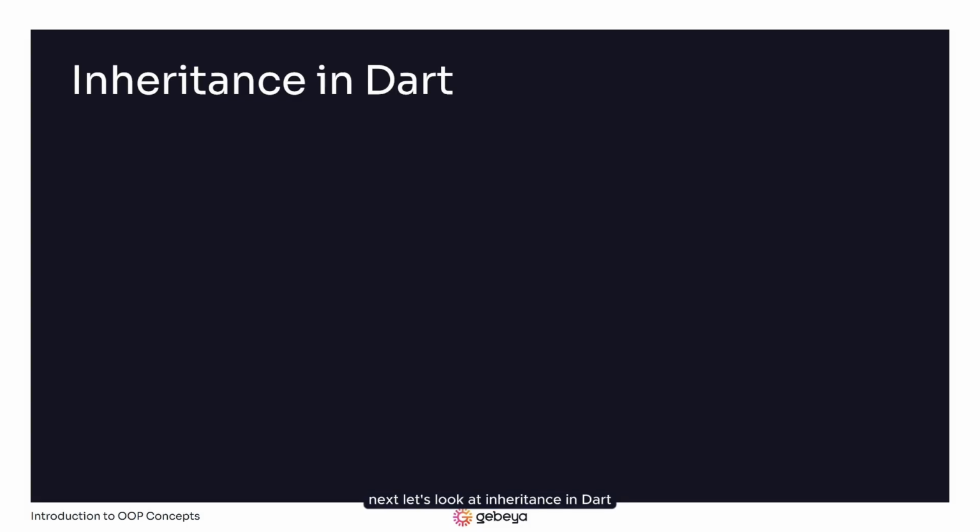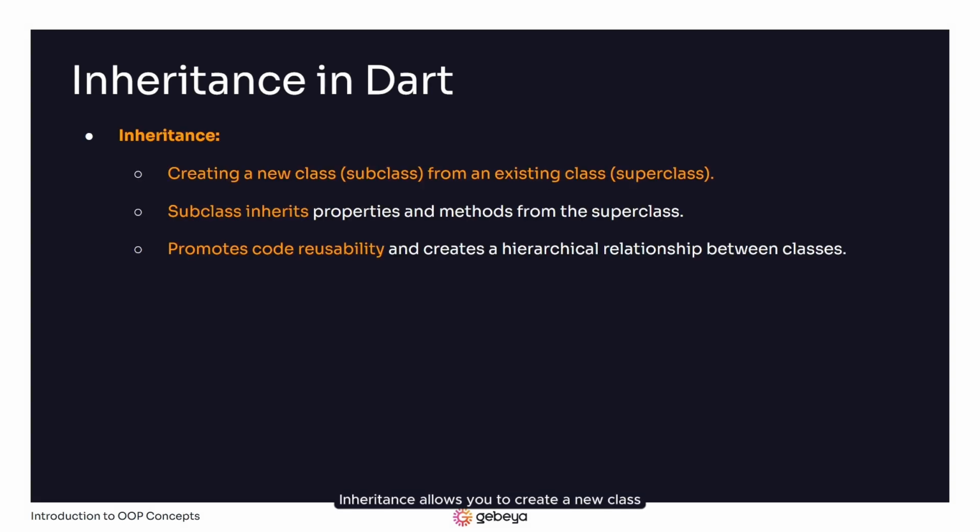Next, let's look at inheritance in Dart. Inheritance allows you to create a new class, known as a subclass, from an existing class called the superclass. This means the subclass inherits properties and methods from the superclass, promoting code reusability and a clear hierarchical structure. Here is an example.